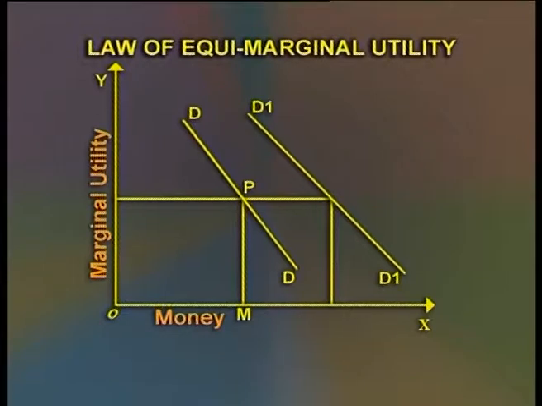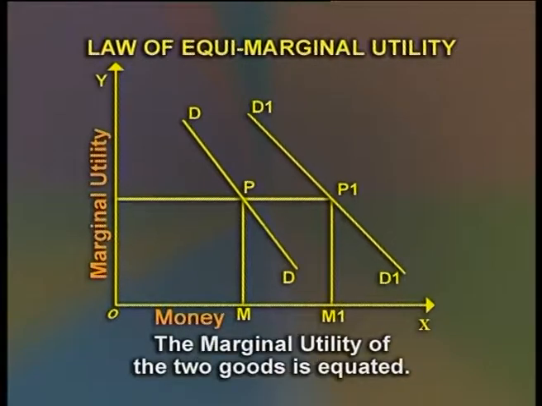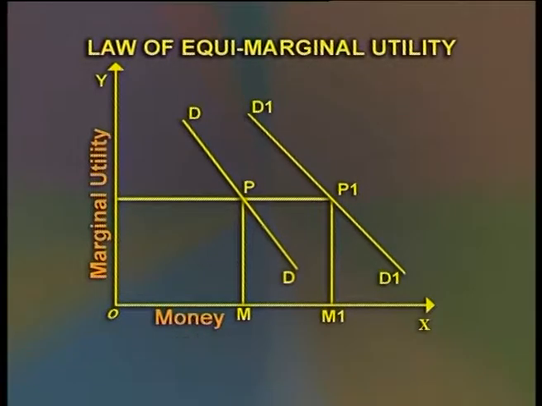Now, if OM amount is spent on DD and OM1 amount is spent on D1 D1, we can see that the marginal utility is equated. In such a case, the consumer will get maximum satisfaction because the marginal utility of the two goods is equated. Any other distribution of money will not give him as much total satisfaction as this combination gives him.